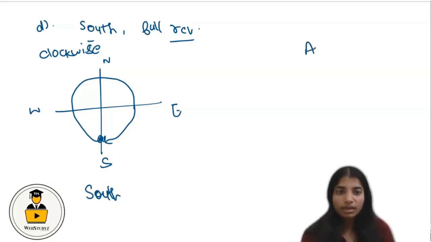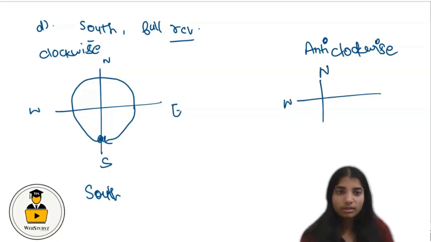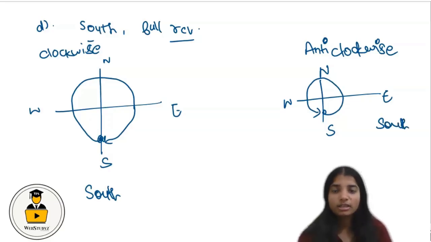And if it travels anti-clockwise, look, west, north, east, south, starting from south and moving in the anti-clockwise direction, again it will face the south direction. So in both cases, whether we move clockwise or anti-clockwise, the result is the same, that is south.